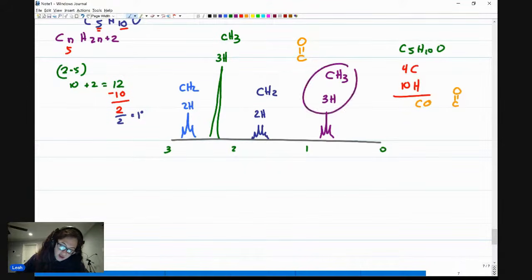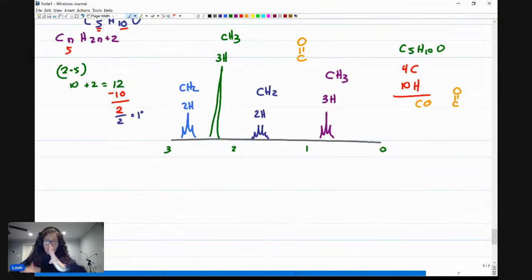Let's start with the CH3. If this CH3 is a triplet, that means how many neighbors does the CH3 have? Remember, every peak starts out as 1, and then neighbors pull it apart. So if I count the tips and then I subtract 1, that's how many neighbors. This triplet has 2 neighbors.